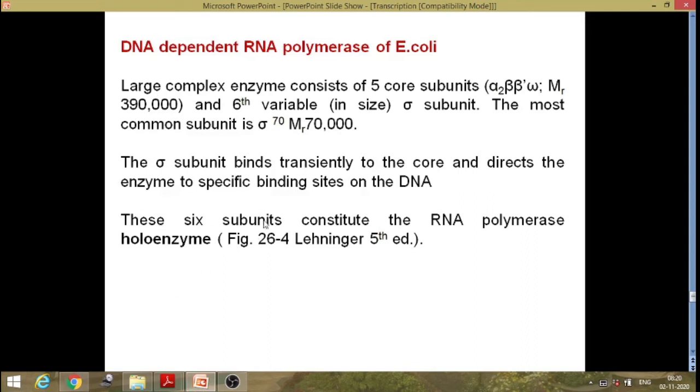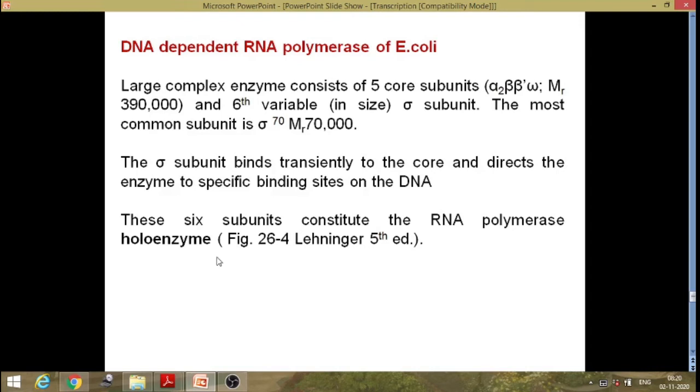These 6 subunits, the 5 core subunits and 1 sigma subunit, constitute the RNA polymerase holoenzyme. It is the RNA polymerase holoenzyme having the 6 subunits that would bind to the DNA molecule for the transcription process.